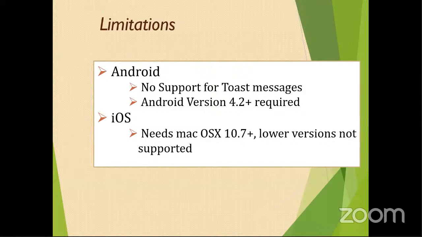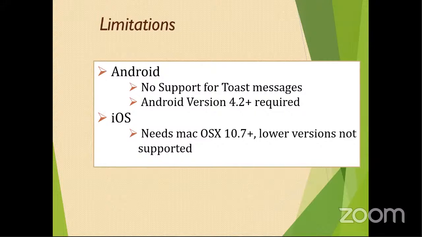Below 4.2, we are not using. What's the need of that? For iOS, Mac 10.7 plus, lower versions not supported. So just remember all these things. People will be setting these up and trying to automate Android below 4.2, and it is not supported. Okay.